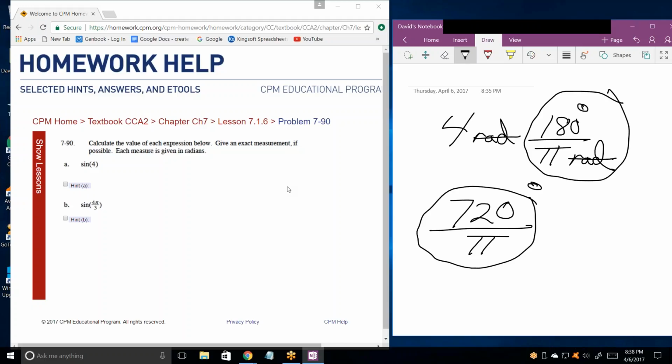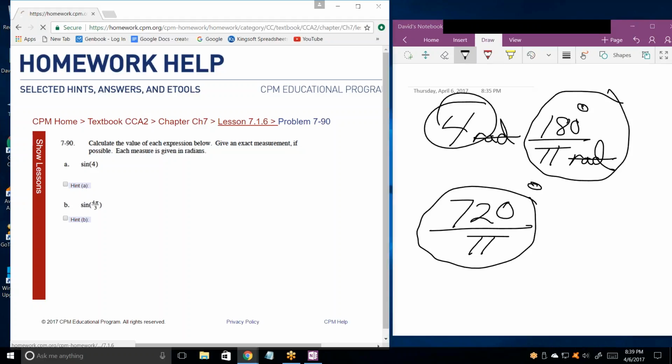First of all, pi is an irrational number, so if I divide 720 by pi, I'm going to have to round it off. I'm going to get a non-repeating decimal. It goes to infinity. So there's no way to get an exact answer. The best I can do is just put it into the calculator in radian mode, the sine of 4. And that gives you an answer that at least is approximate. I did give an exact answer on the sine of 4 pi over 3. That was negative root 3 over 2.